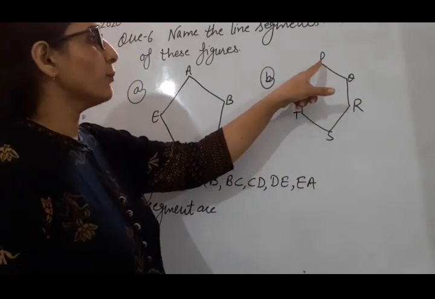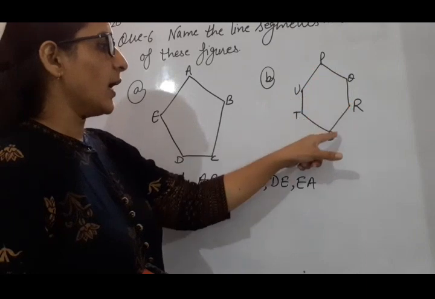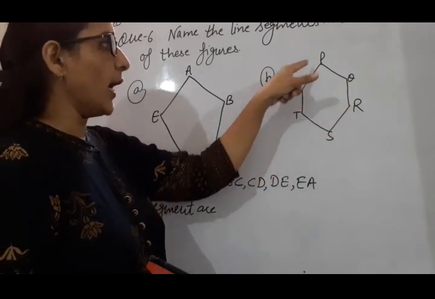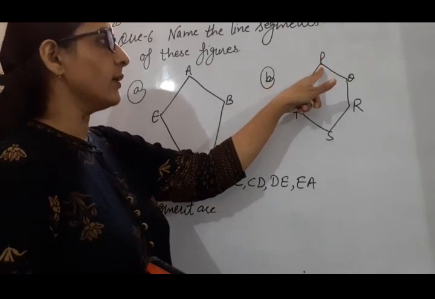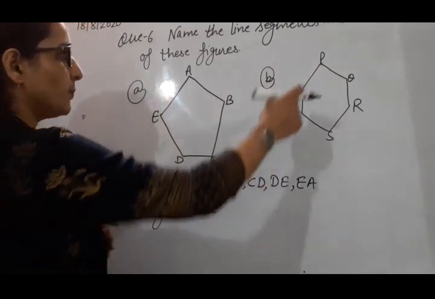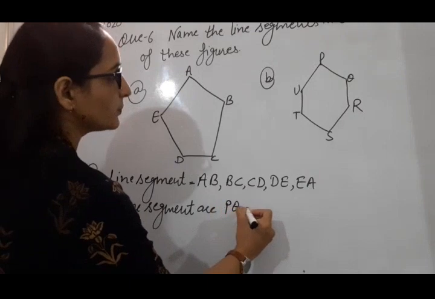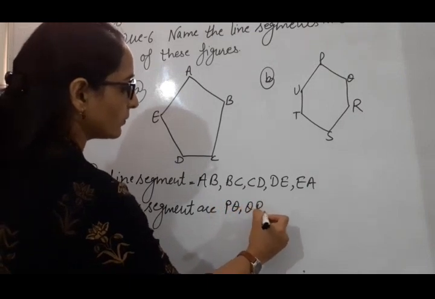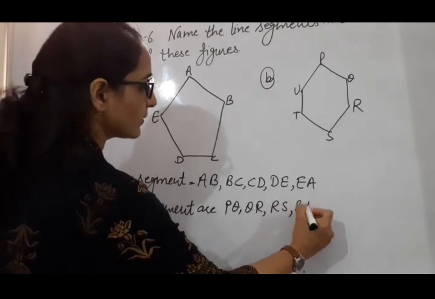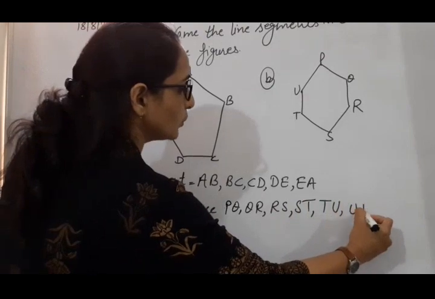Otherwise you can start from the other end: PQ, QR, RS, ST, TU and UP. Start there and end at the end point. In this way, we will write it: PQ, QR, RS, ST, TU and UP.